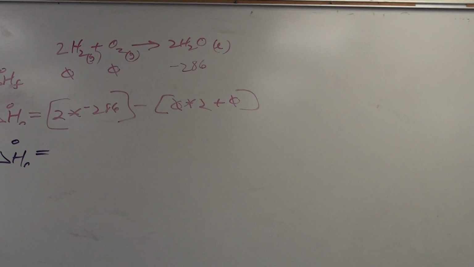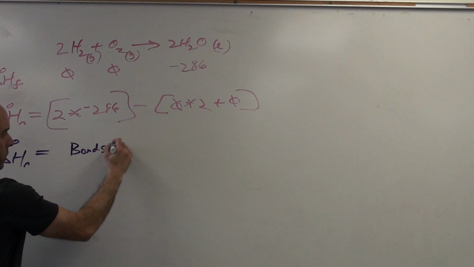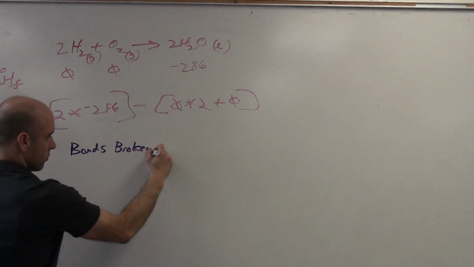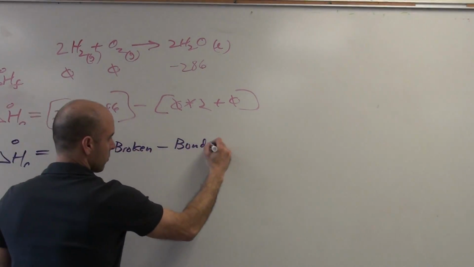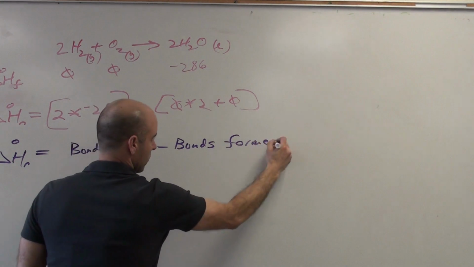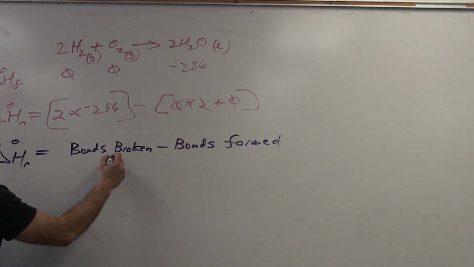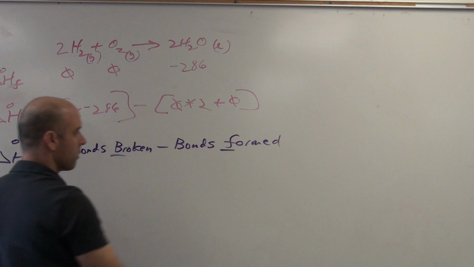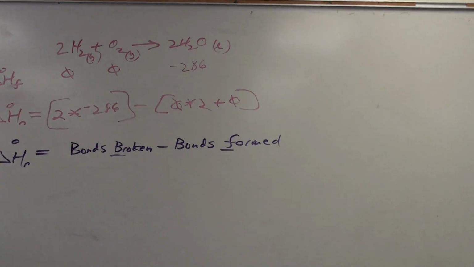So it's broken minus formed. Since this process is a lot longer, I call this method a bunch of BF, broken minus formed.